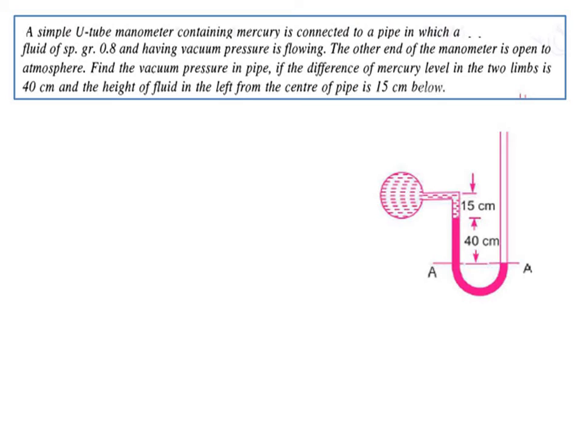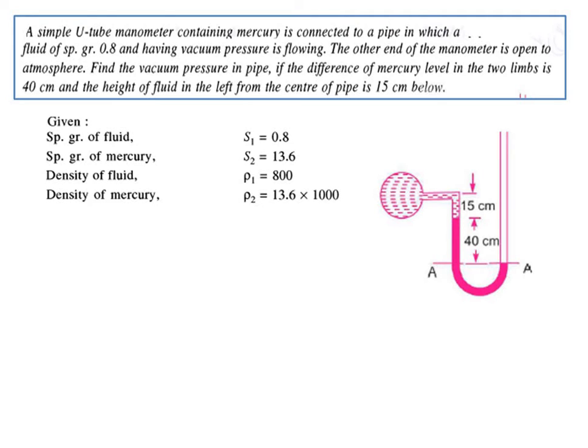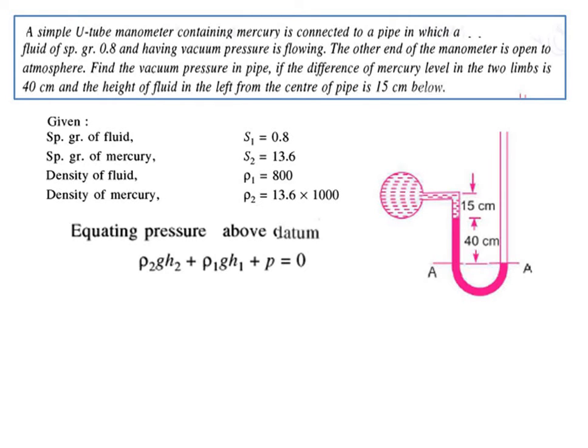Now here again, specific gravity is given. For the fluid it is 0.8, so ρ1, the density of fluid, is 800 kg per meter cube, and ρ2, the density of mercury, is 13.6 into 10 to the power 3 kg per meter cube. We know that for vacuum pressure, ρ2 G H2 plus ρ1 G H1 plus P is equal to 0.